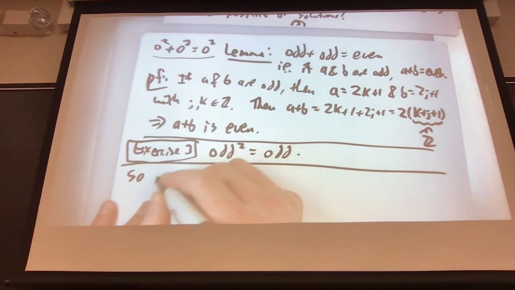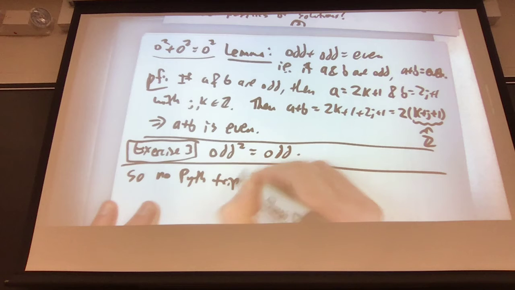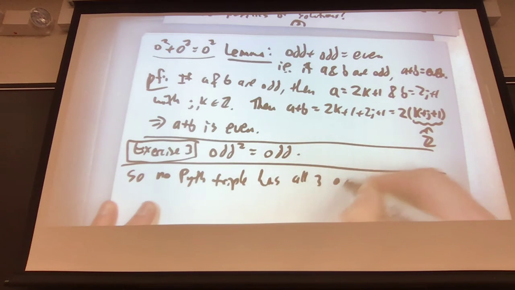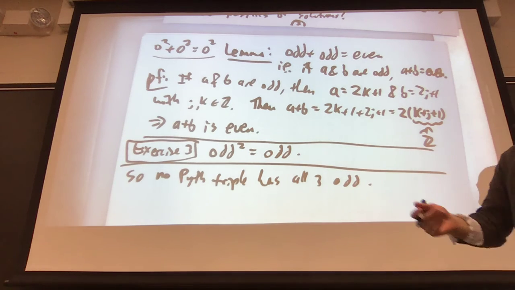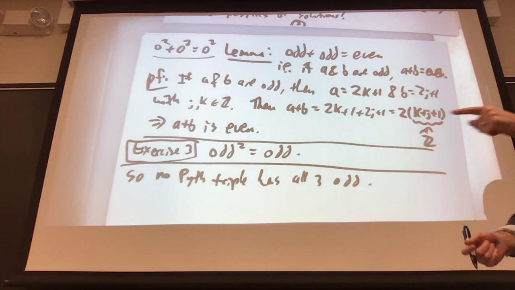So no Pythagorean triple has all 3 odd. Fine. You can't have odd, odd, odd. Can you have even, even, even? In theory, yes, but I feel like the answer is no. You're both right. I didn't specify what I mean. We assume primitivity.